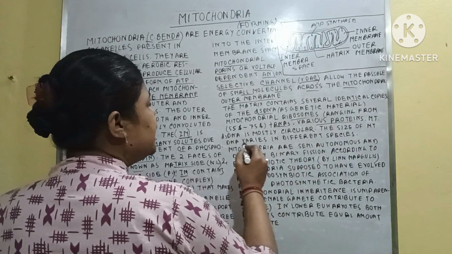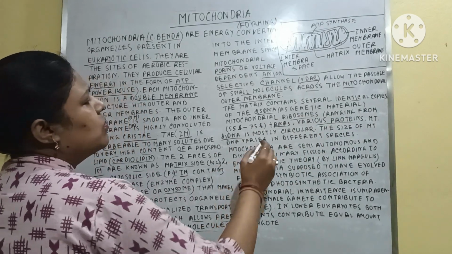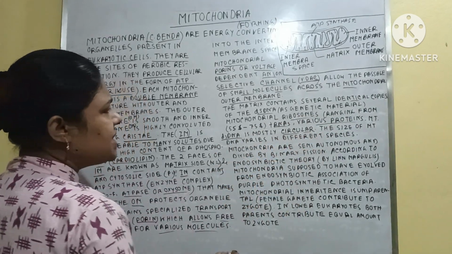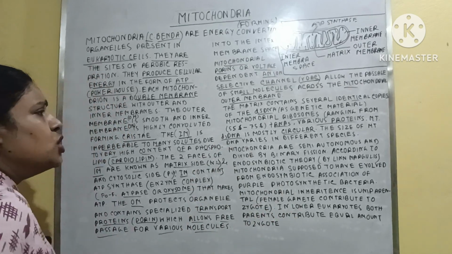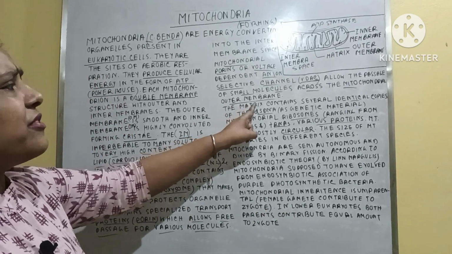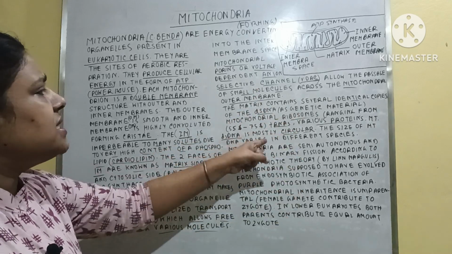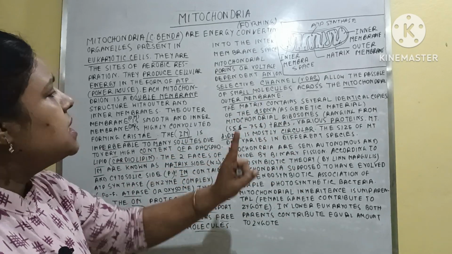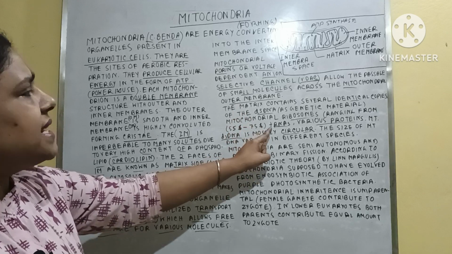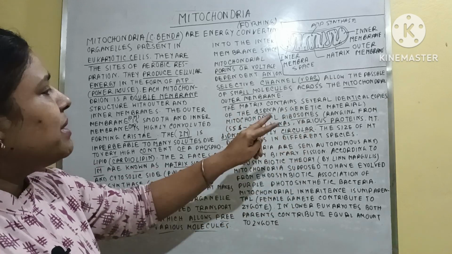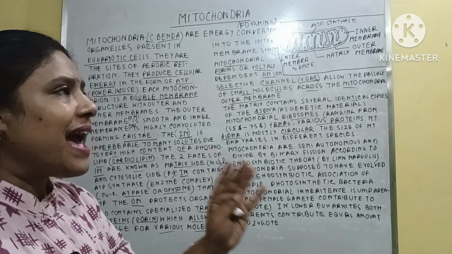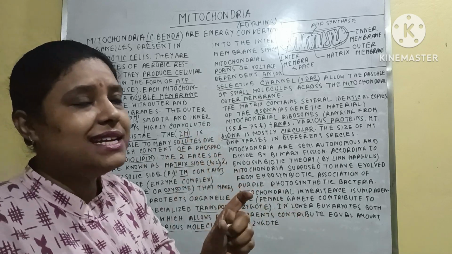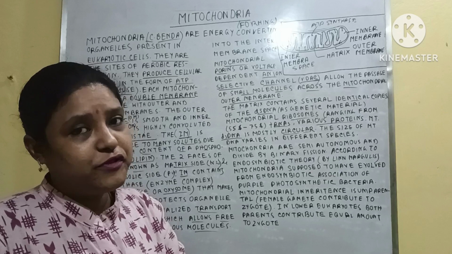The mitochondrial DNA is mostly circular, and its size varies in different species. So the mitochondrial matrix contains the genetic material, that is dsDNA, some ribosomes and tRNAs and various proteins.